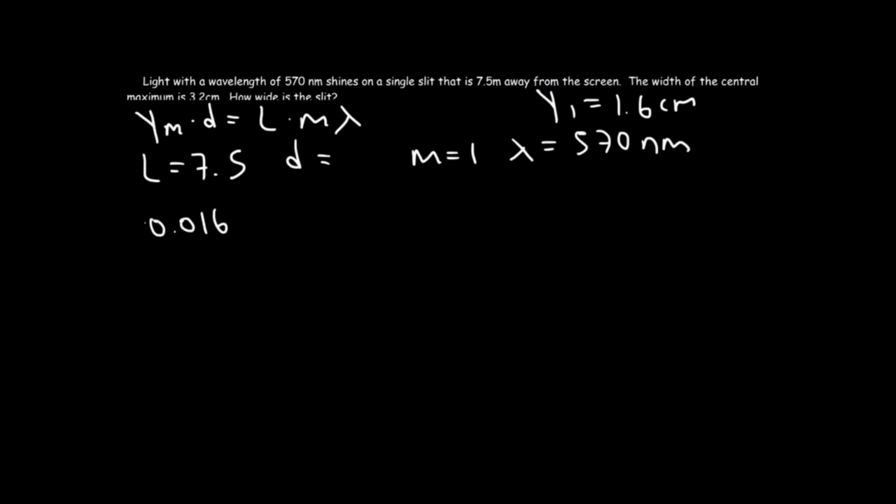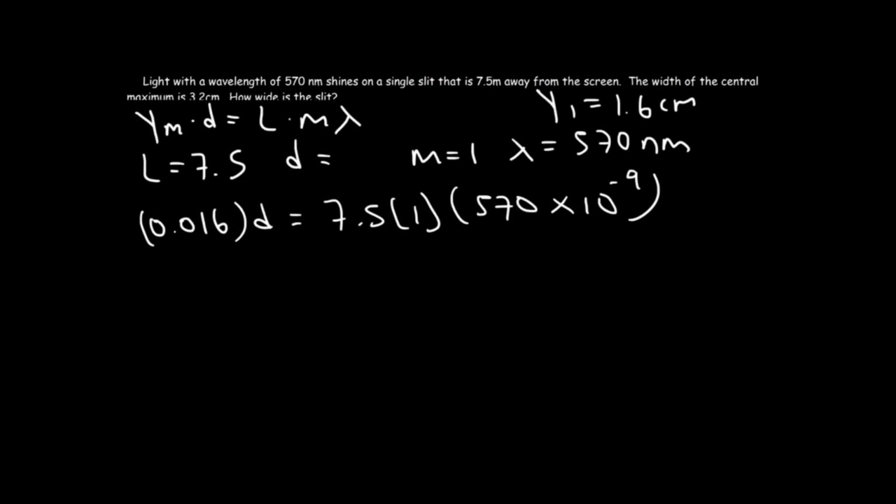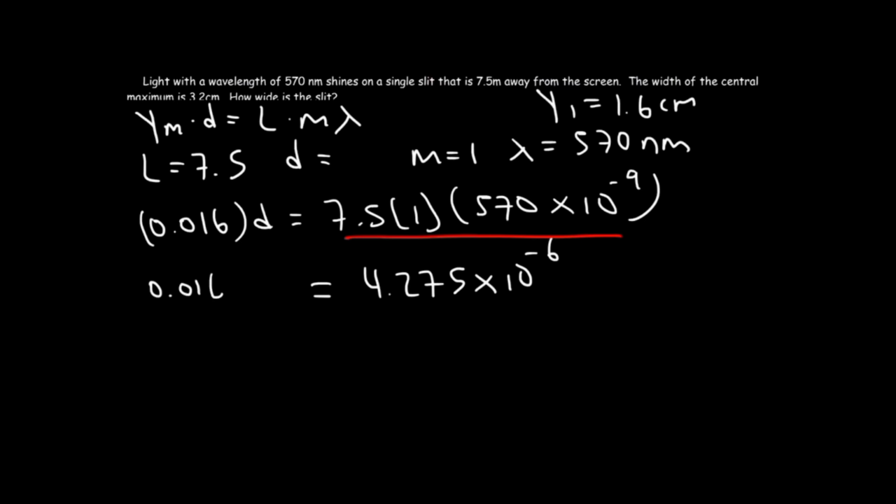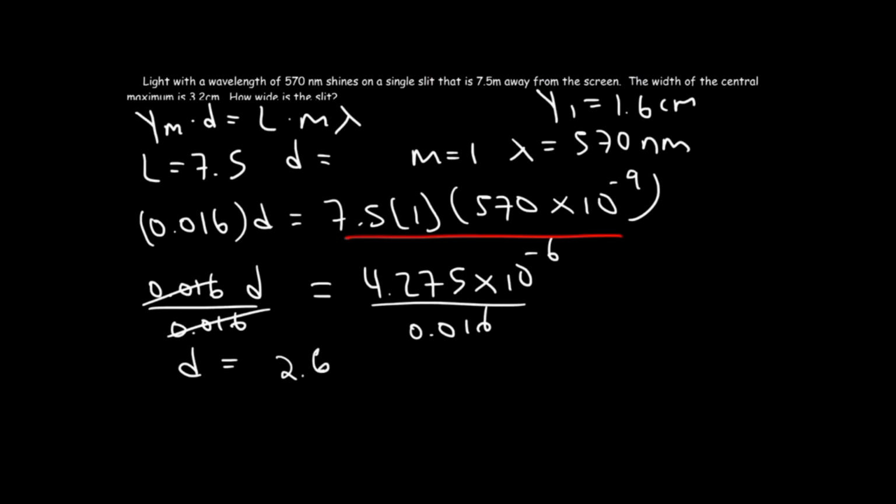So 0.016 times d equals 7.5 times 1 times 570 times 10 raised to negative 9. This equals 4.275 times 10 raised to negative 6. Divide both sides by 0.016. So d, or the width of the slit, is 2.67 times 10 raised to negative 4 meters, or in millimeters, 0.267.